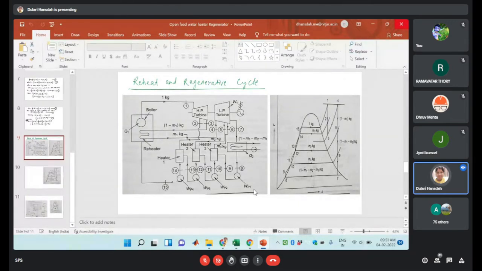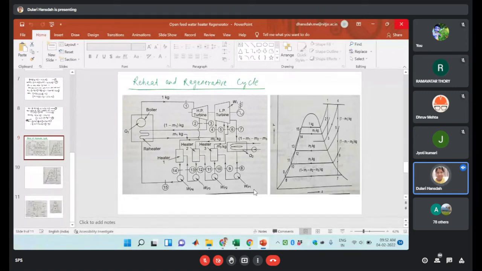So reheat means we are using two turbines. One is the high pressure turbine and the other is the low pressure turbine. The expansion will be achieved in these two turbines. In between these two turbines, we are reheating the steam, which is done by the reheater. So that pressure will be in between these two. If you are observing, this is the TS plot. In between these two, this is the reheat pressure.